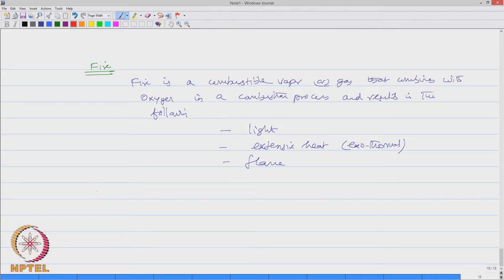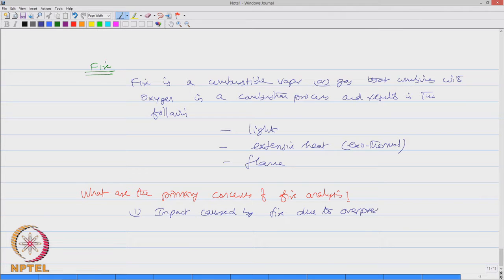Then let us ask a question, what are the primary concerns of fire analysis? The primary concerns could be the impact caused by fire due to overpressure that results from explosion, which we have been discussing in the earlier lectures.